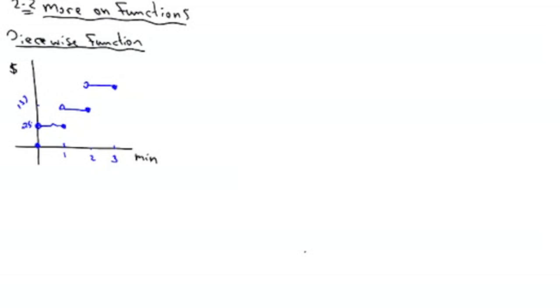This is what's called the step function, because it looks like stairs. It is a piecewise function. It has a certain value at 0. It has a certain value between 0 and 1, 1 and 2, 2 and 3, 3 and 4, forever and forever, depending on how long your phone call is. All right, another possibility of piecewise function that's actually relevant to some people.